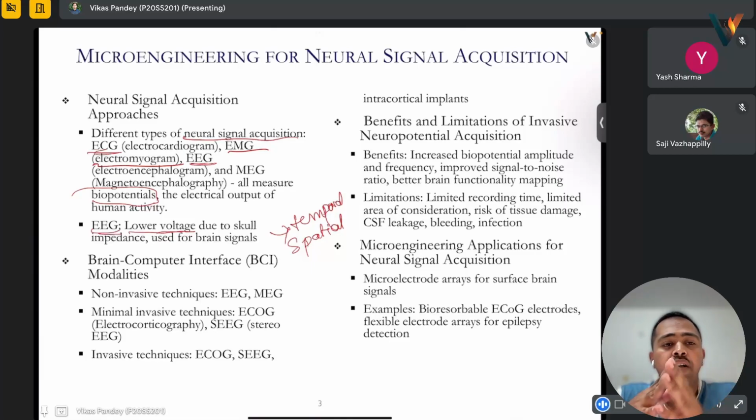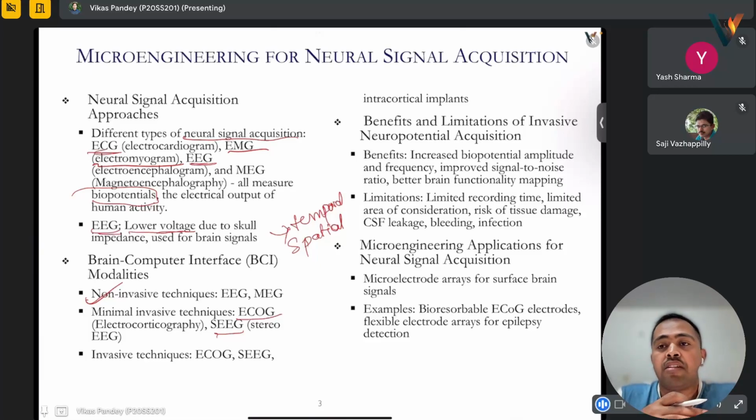These techniques we can divide into three sections. The first is non-invasive techniques like EEG and MEG, where we are not getting inside the body. Things are being done from the surface. The second is minimally invasive techniques like ECoG and SEEG, in which small cuts or small incisions can be made, but not too much.